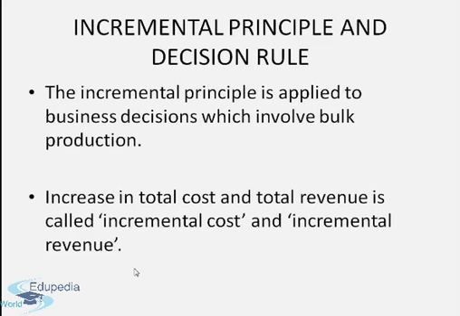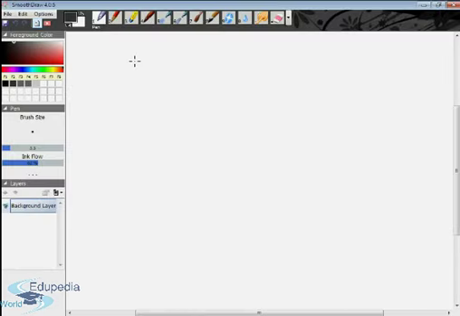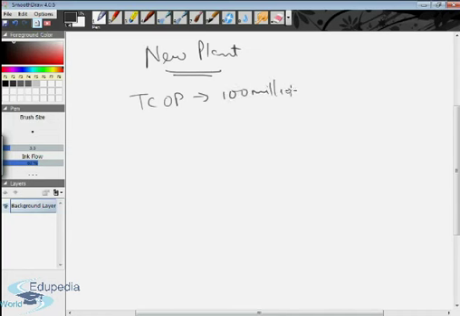For example, suppose a firm decides to introduce a new plant in its organization. Now here the total cost of production increases from $100 million to $115 million.